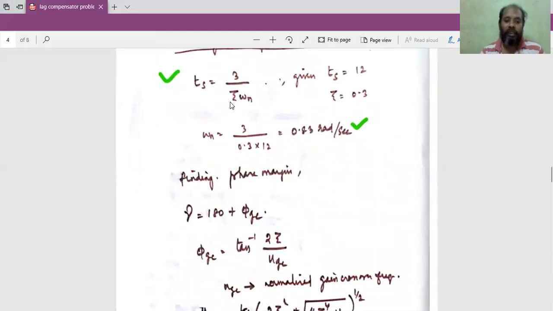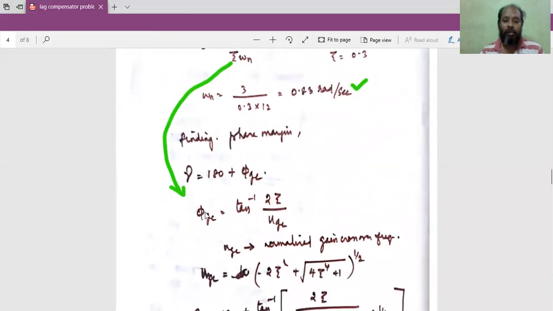Then based on the zeta value, you are supposed to find your phase margin. So gamma is equal to 180 plus φGC is your phase margin formula. This φGC, that is the gain crossover frequency angle, can be found using the formula tan inverse of 2 zeta by uGC, u suffix GC. What is u suffix GC? It is the normalized gain crossover frequency.